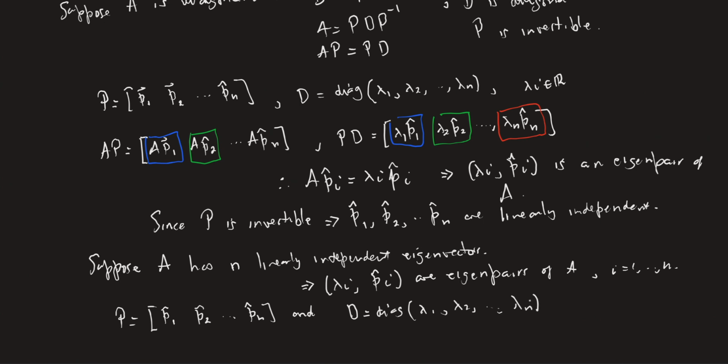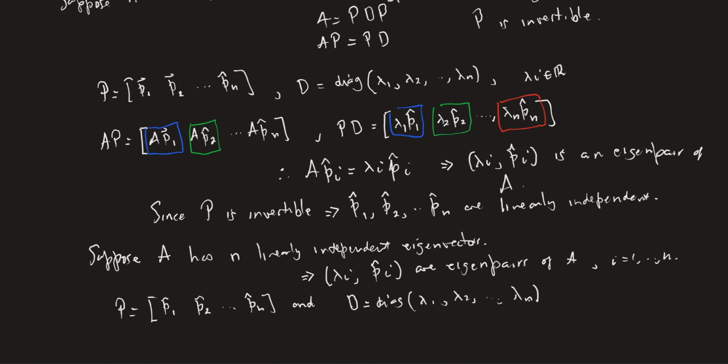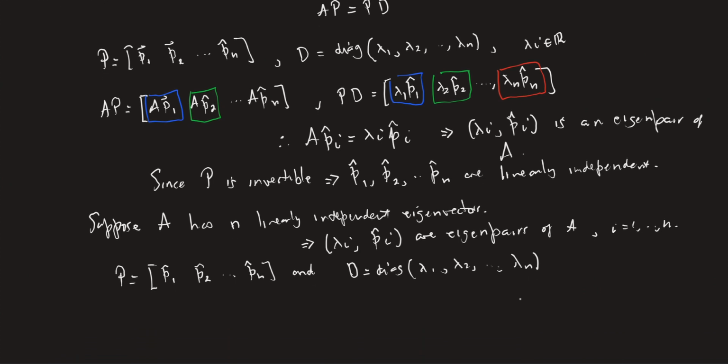And then if we go through and write down those two products again, so if we do A times P, we know what that's going to look like. We've got our A times P1, P2, through Pn.